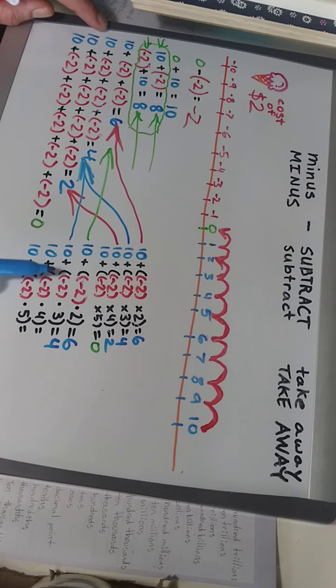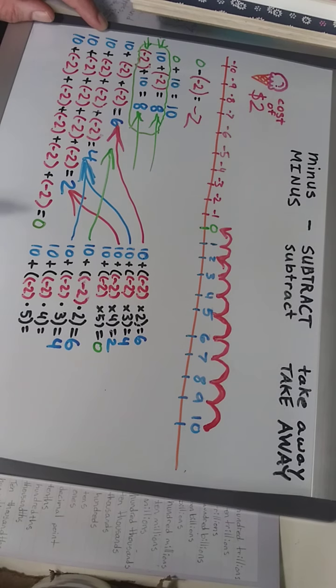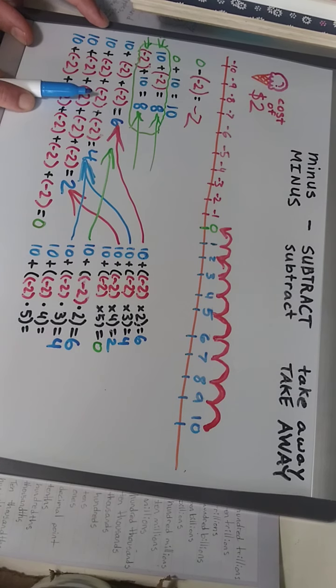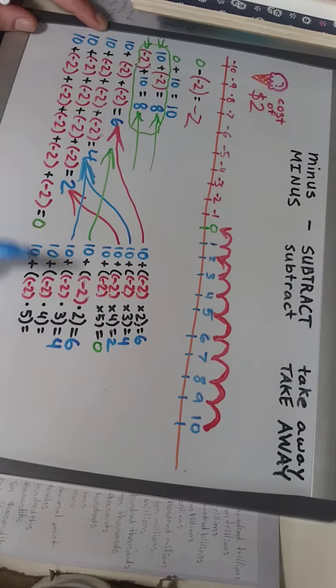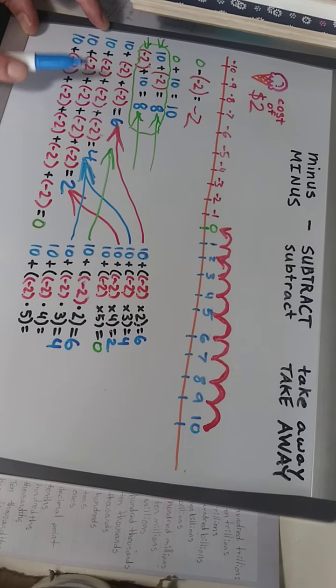So 10 plus negative 2 times 3 equals 4. It's the same as 10 plus negative 2 plus negative 2 plus negative 2 equals 4. You're just saying here 10 plus negative 2, 3 times. So it's a shorter way and a descriptive way of saying this.